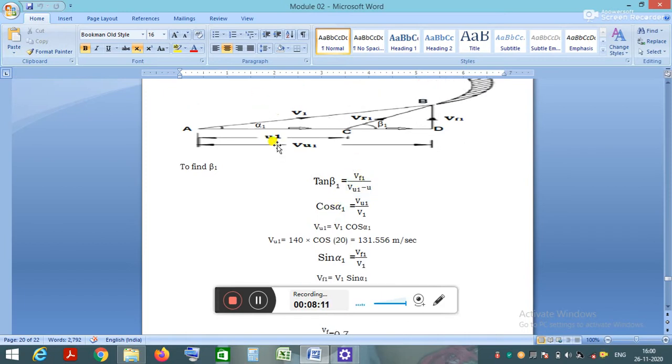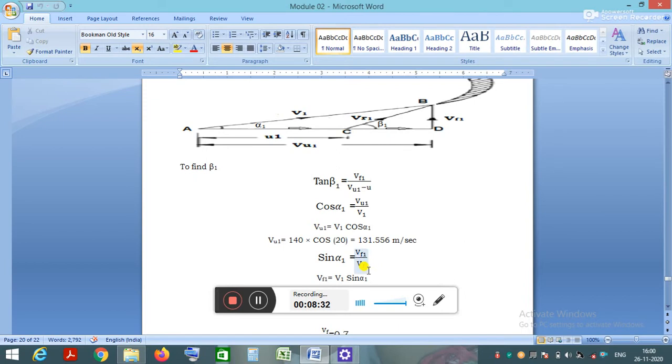Cos alpha 1 equals V suffix U1, adjacent, by hypotenuse V1. V1 is given. Substituting the values of V1 and cos alpha 1, we can find V suffix U1. Similarly, we have one more trigonometric equation, sin alpha 1 equals opposite by hypotenuse.